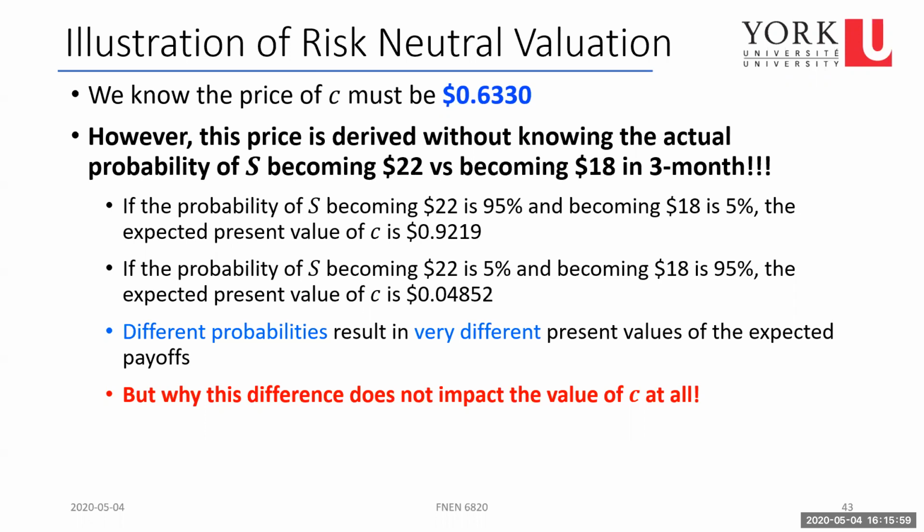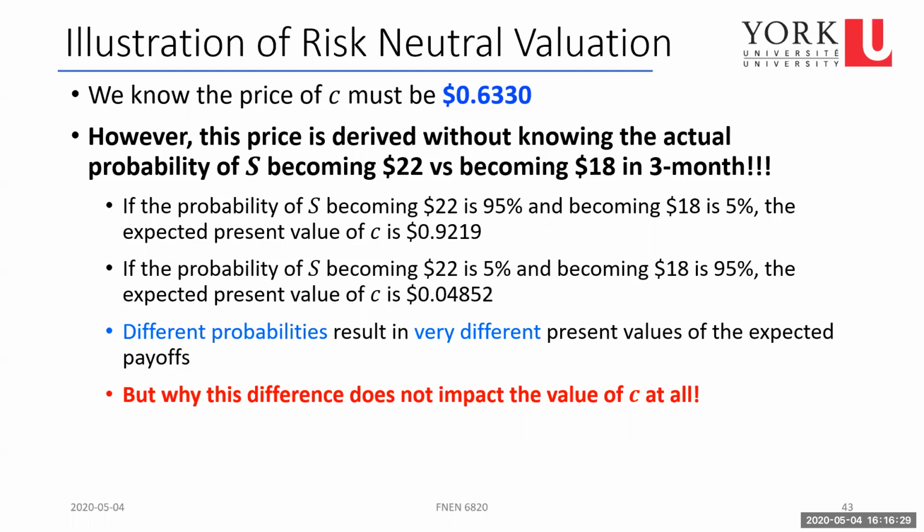As if a high probability of going up to 22 and a low probability of going down is the same as the case where there's a very low probability of going up and a very high probability of going down. Seems a little strange, but somehow we calculate a number without knowing it.